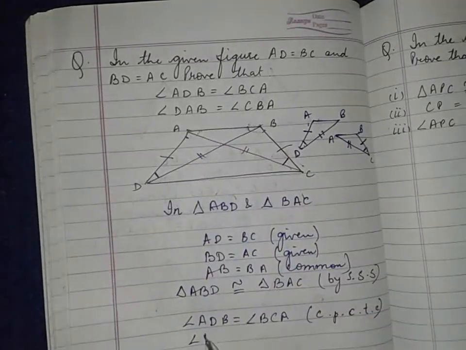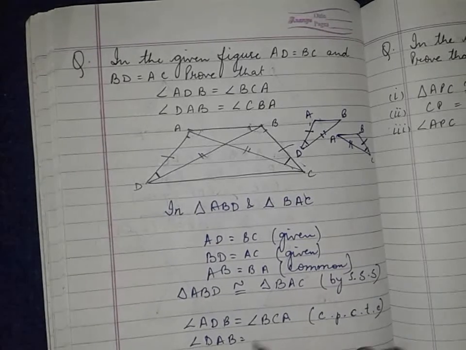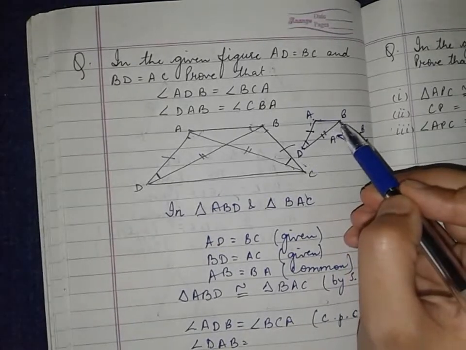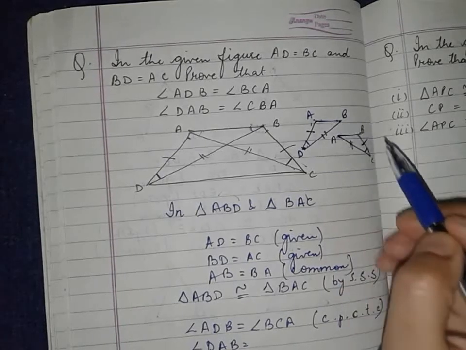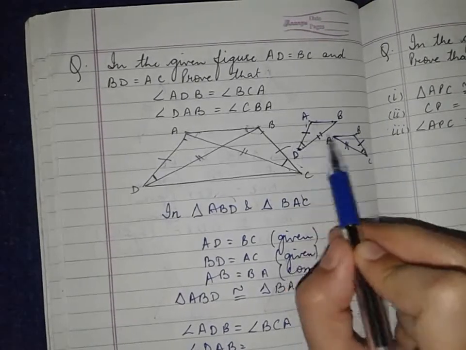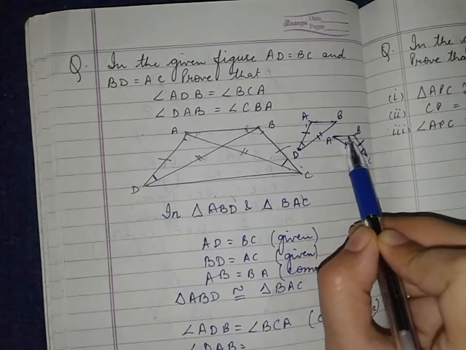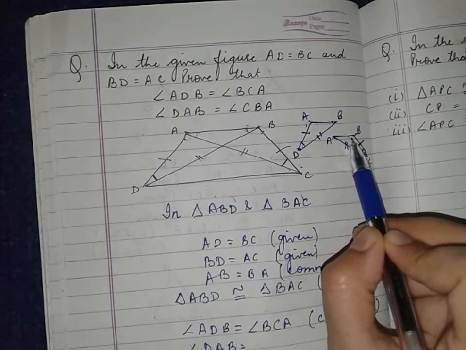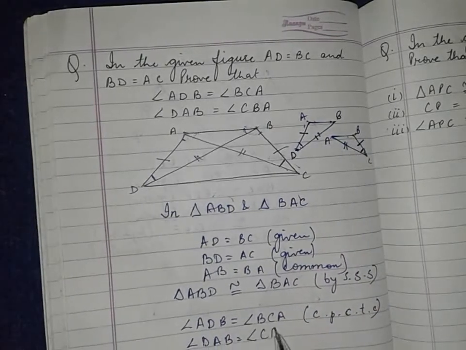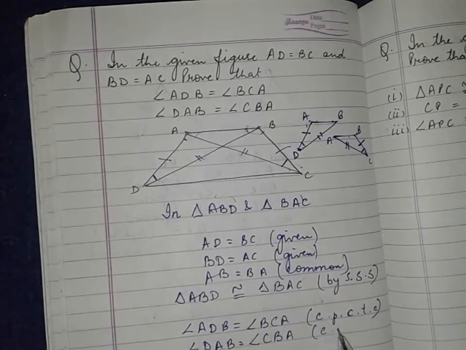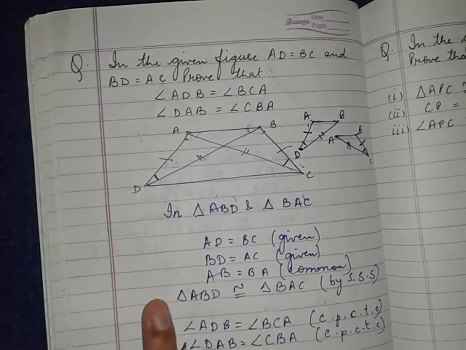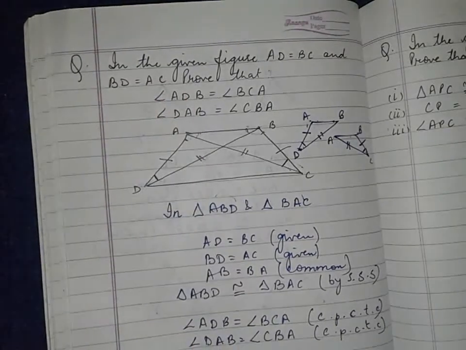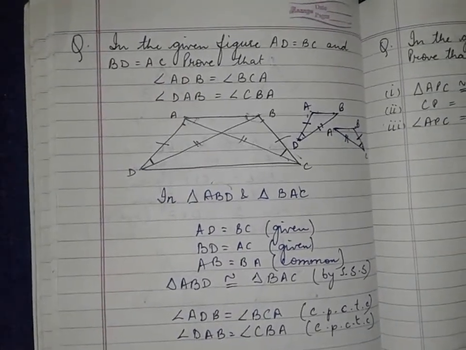Similarly, angle DAB: DAB means between AD and common side AB. Here between BC, because AD was equal to BC, and common side AB, which angle is included? CBA. So angle CBA by CPCTC. Prove the triangles containing them congruent and then write them equal by CPCTC.